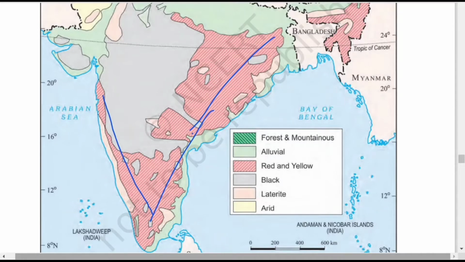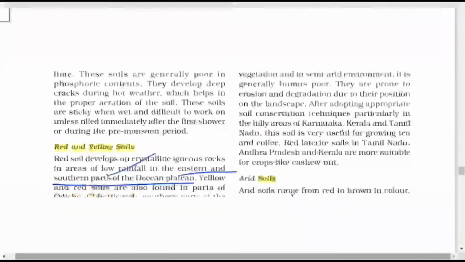If the picture of this map goes in the mind, it's very easy. The south part of India, maximum south part of India, is covered by black soil. It is known by the name Deccan Plateau. Clear? But around the black soil in the eastern side, southern side, even a little part of western side, there are red soils. So this map is important, which must go to your mind instead of by-hearting the names of the states. Clear? Now moving to the next line.